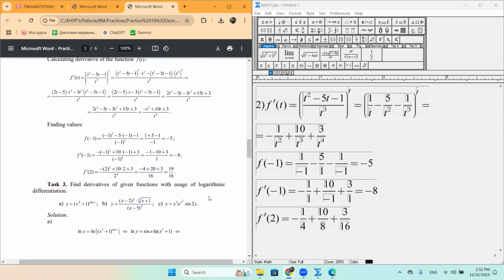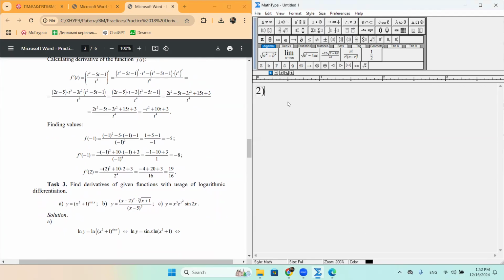So let's continue. Moving to task 3, now we will find the derivatives of functions with the usage of logarithmic differentiation. Let me remind you, why do we need logarithmic differentiation?